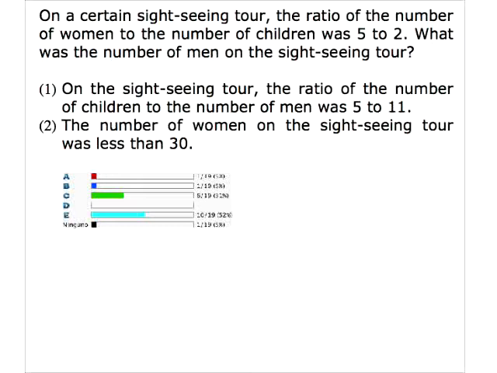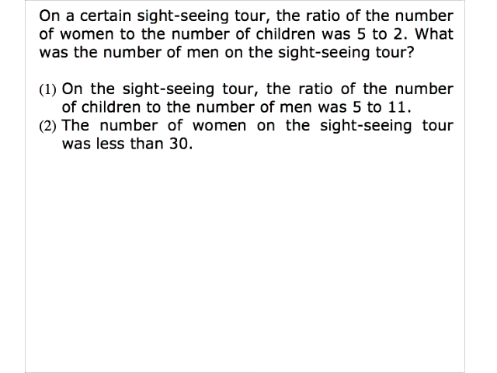But the ratio of women to children was 5 to 2. And then the ratio of children to men was 5 to 11. So the first thing we can do here is decide that statement 2 is definitely not sufficient by itself.